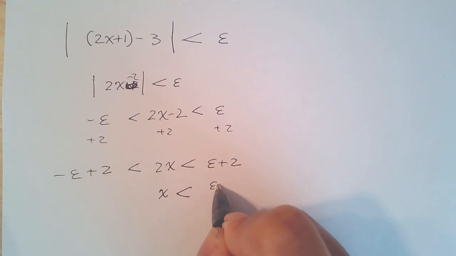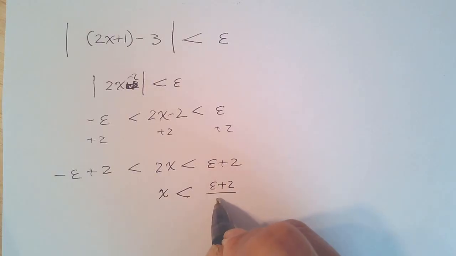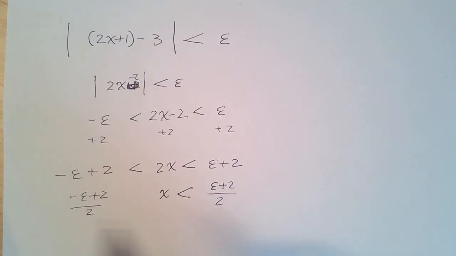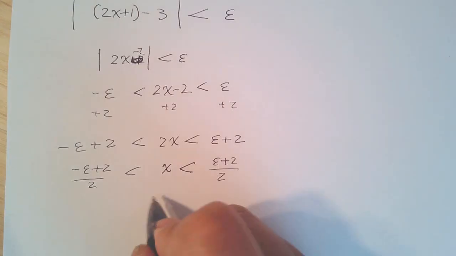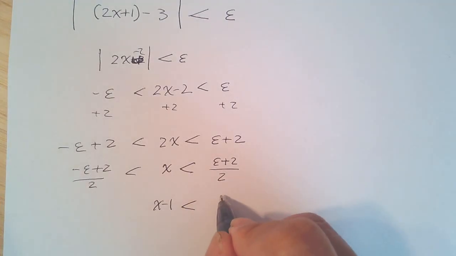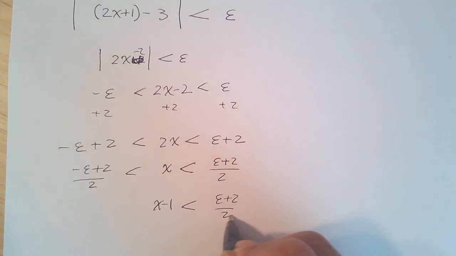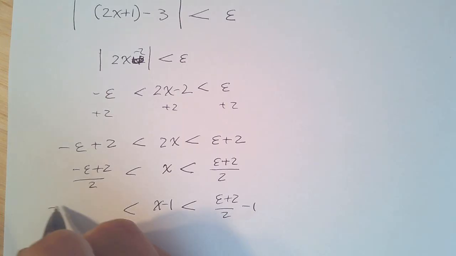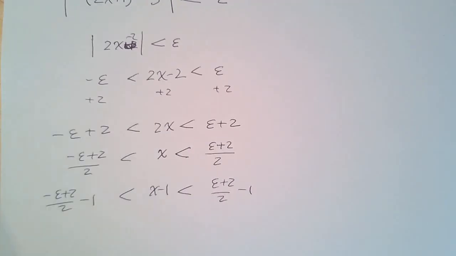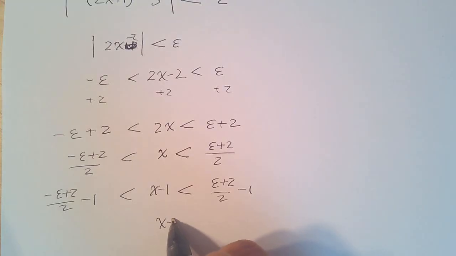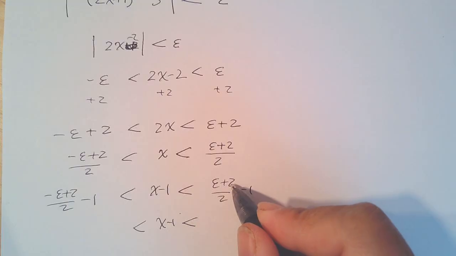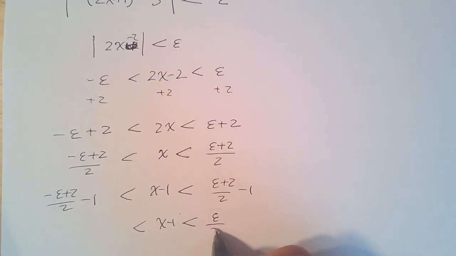So I get epsilon plus 2 over 2 and negative epsilon plus 2 over 2. And then x minus 1 has to be between negative epsilon plus 2 over 2 minus 1 and epsilon plus 2 over 2 minus 1, because I subtract 1 everywhere, and 2 over 2 minus 1 cancels, so you get just this.